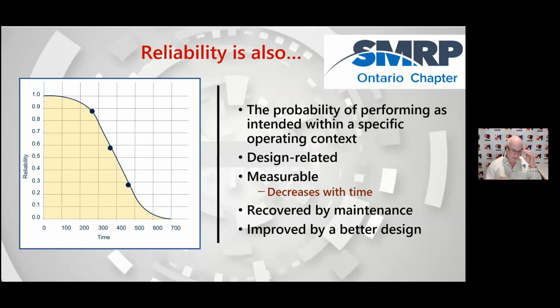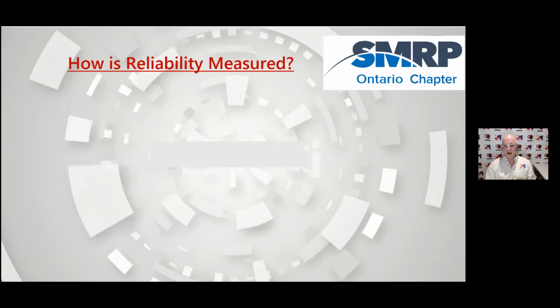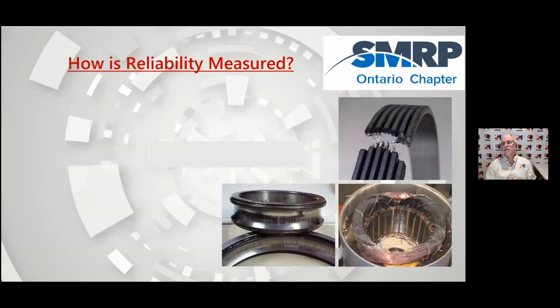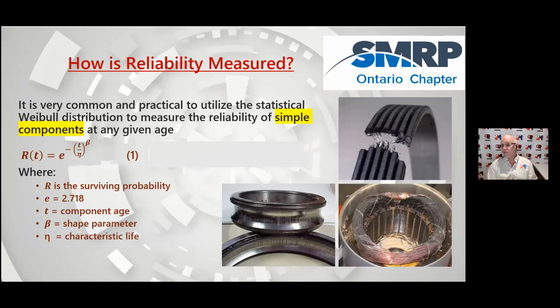If somebody asks me, Jesus, how do you measure the reliability, for example, of a simple component? I will tell you, yes, we can do it. If you're talking about a simple indivisible component, we can use the Weibull distribution.